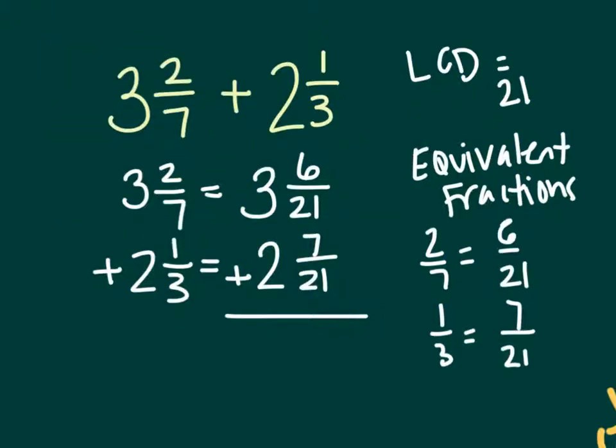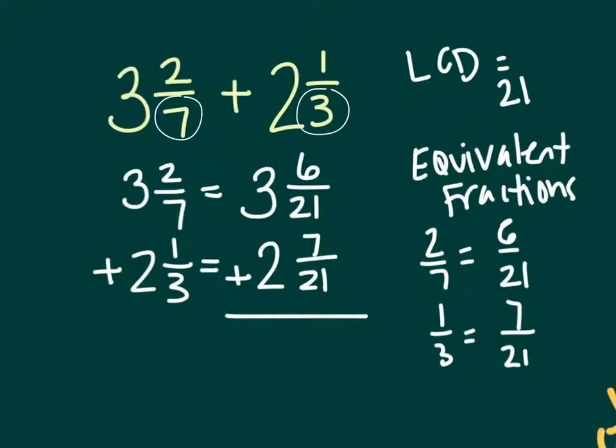In the problem 3 2/7 plus 2 1/3, we would look to see that our 7 and 3 are used to find the least common denominator of 21. So I would then next need to make equivalent fractions for 2/7 and 1/3.